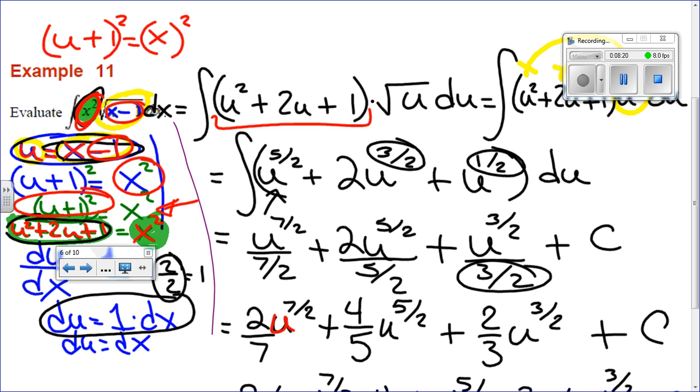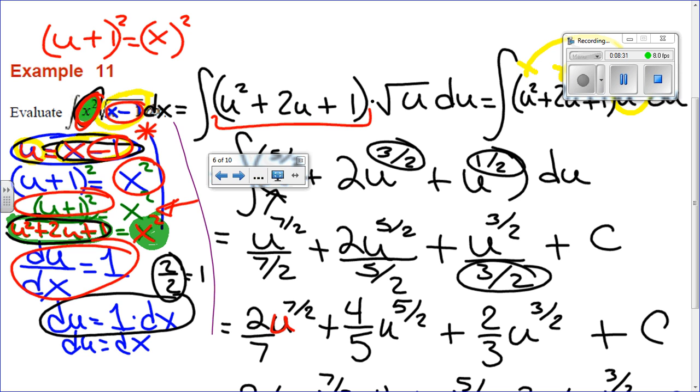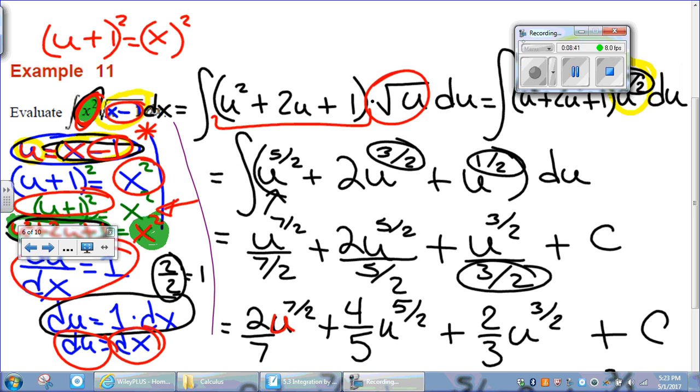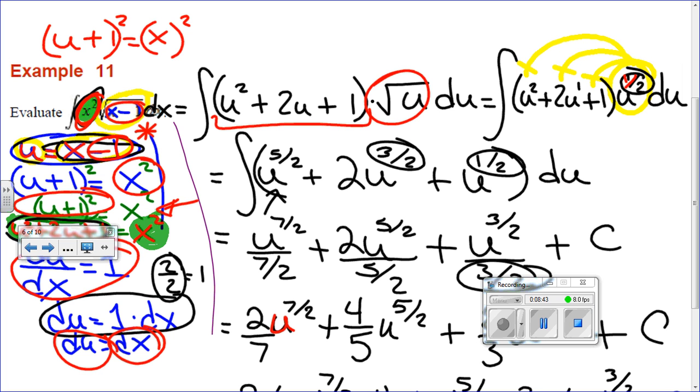And then after selecting u, which was here at the beginning, we took the derivative of u, and it was just 1, and we needed dx, 1 times dx, or just dx. So that's where we got it from. The rest of it, we had to change this one to an exponential quantity, so we have u to the power 1/2.